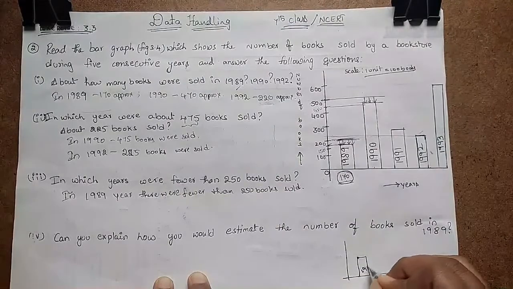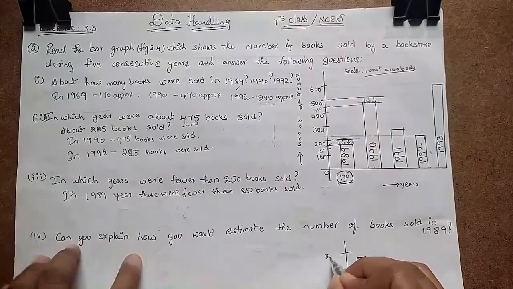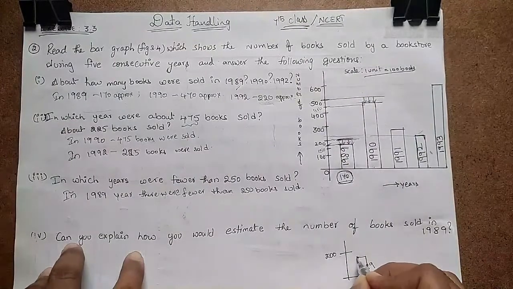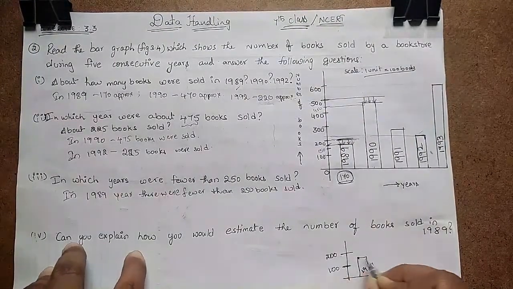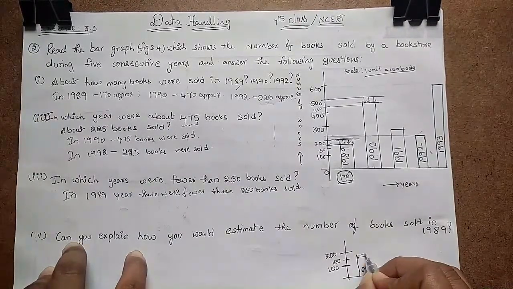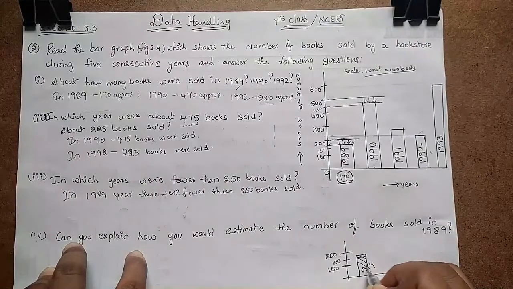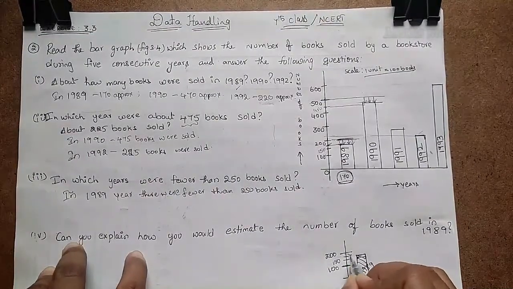This was the 1989 bar. This was the 200 line, and this was the 100 line. In between there was a 150 line. The bar is just above 150 and just below 200. So we are estimating like this.